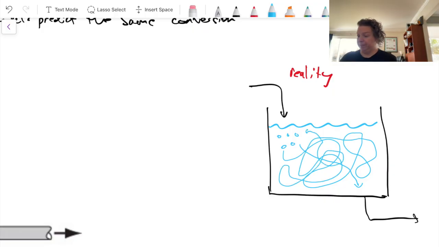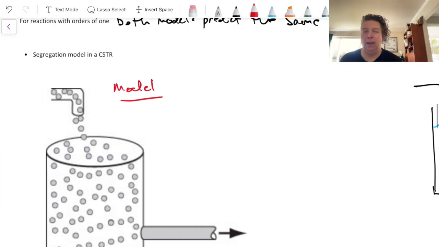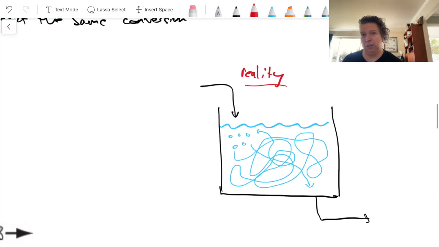Something like this. The way we're going to model that is to say that the different molecules actually enter the reactor based on their residence time. That's, of course, not what's actually happening. It's just the way that we're going to model it, because that is a lot easier to track and model than it is to try and track individual molecules happening in reality.